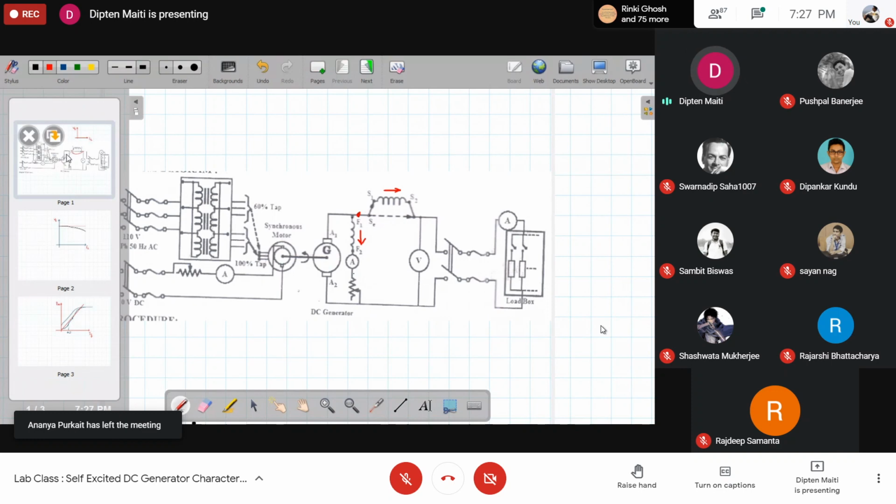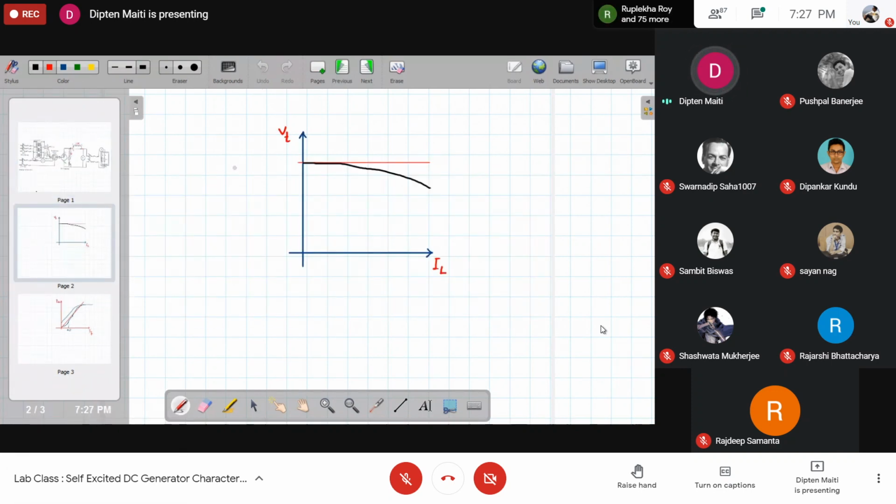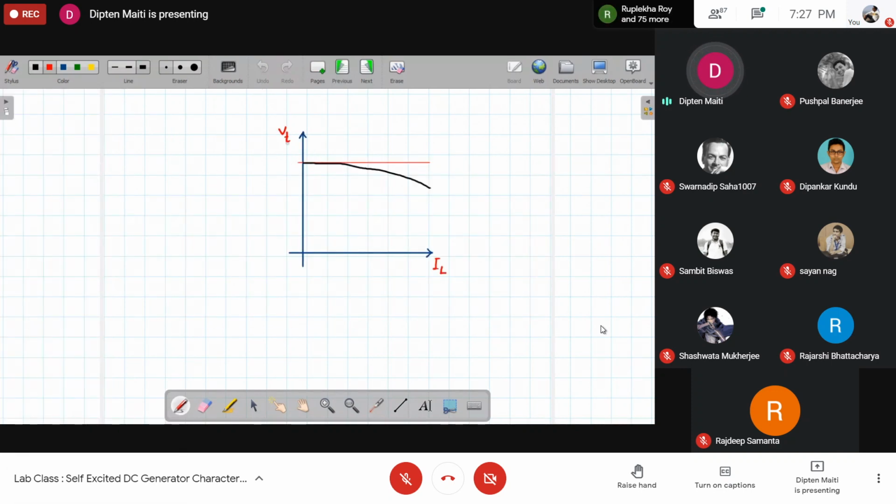So for the cumulative compound, if you go on increasing the load current by decreasing the load resistance, at a certain point you would see that the terminal voltage would remain more or less constant. However, at a certain point it may become greater by a very small margin, probably 1 or 2 volts in 100 volts, so around 2 to 5% increase may be there.